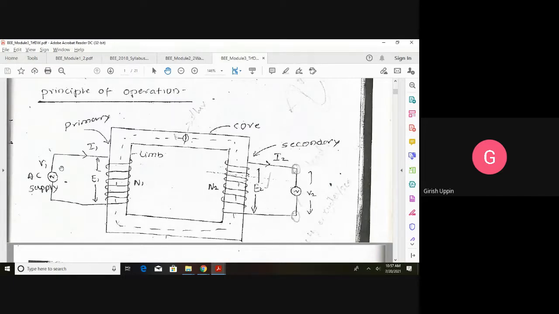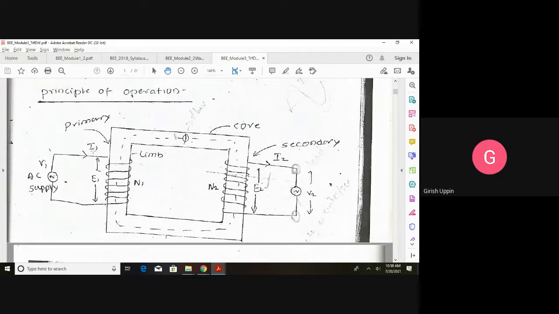When we connect the voltage supply here, it will result in the primary current I1. When the applied voltage is alternating voltage, the resulting current I1 is also an alternating current. When current is flowing through this coil, it creates a magnetic field.